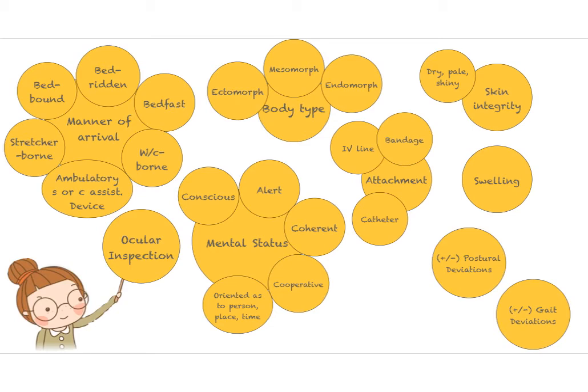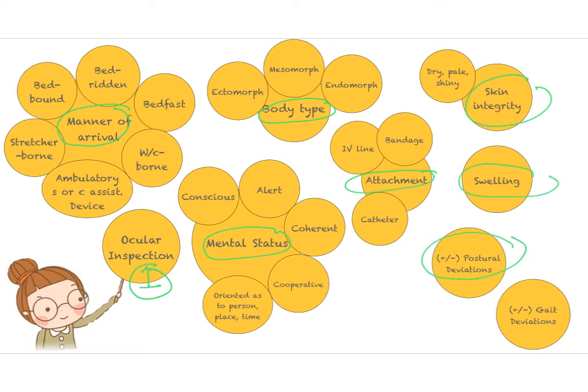So first is OI, or the ocular inspection. So under ocular, you have manner of arrival, you have body type, you have mental status, attachment, skin integrity, presence of swelling, are there postural deviations, or are there gait deviations?